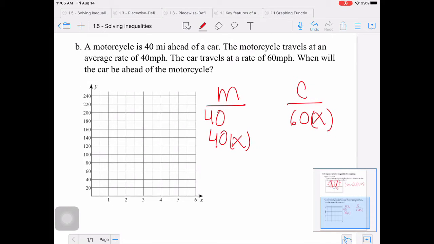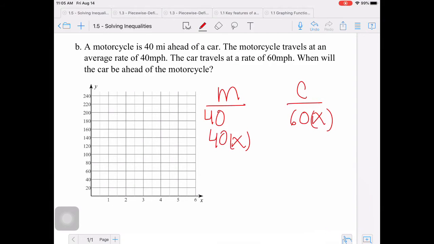Cool. So I have to come up with two expressions, and this is going to become an inequality. What do I know about the motorcycle? Well, I know that it's 40 miles ahead already, so that's going to be my constant, and it's driving at an average speed of 40 miles per hour.